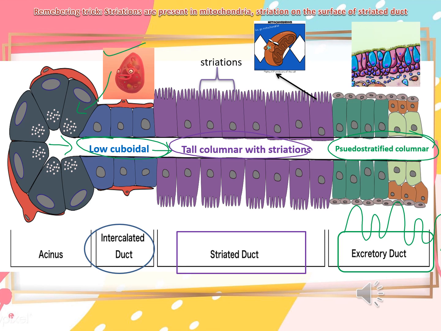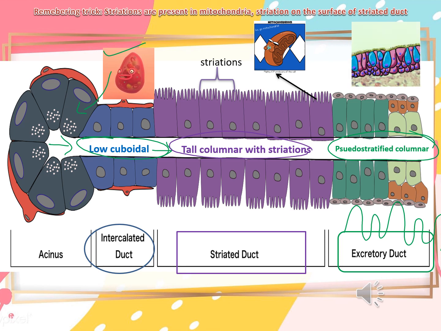As the ductal epithelium goes from there to the orifice of the oral cavity, there will be certain changes in the type of epithelium. It will transition to stratified cuboidal and finally into stratified squamous epithelium where it merges with the epithelium of the oral cavity.